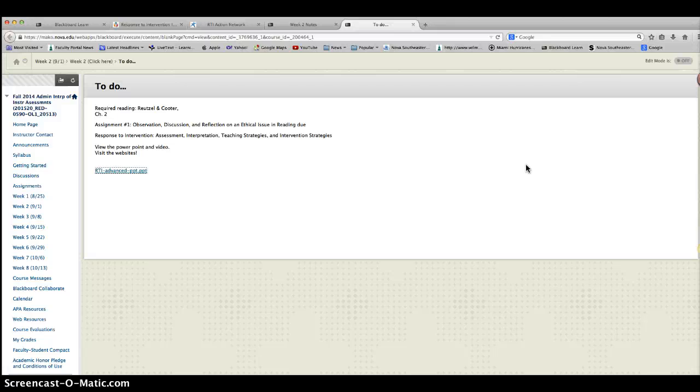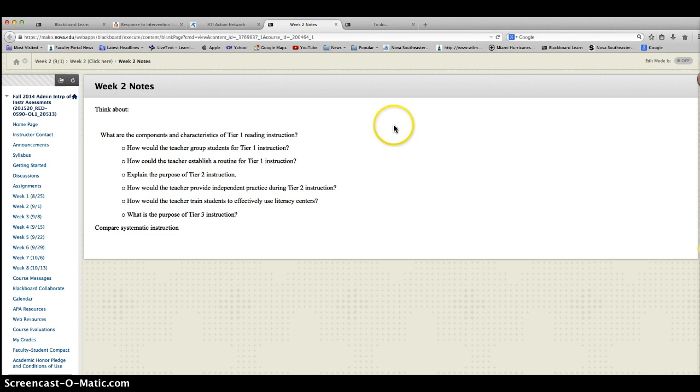So let's begin by looking at the notes for week 2. And these notes are meant to provide you with something to think about while you are doing your reading for the week. What are the components and characteristics of Tier 1 reading instruction? How does the teacher group students for this instruction?